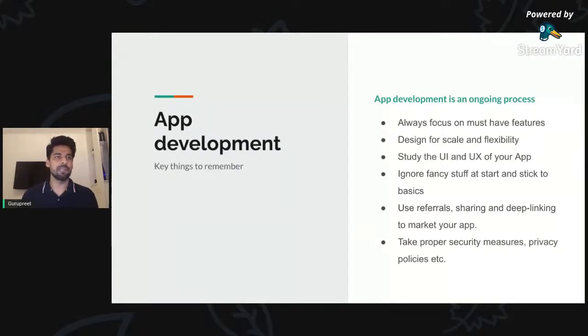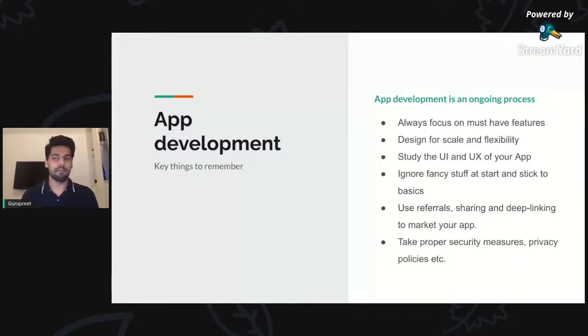But you definitely have to keep in mind the scale and the flexibility, in the sense that later on, if your app is growing in numbers, you have enough flexibility to move from the free version of an API to a paid version, or from a free cloud version to a different cloud version, and easily adapt to the new version without interrupting your user base. So keep the design and the scale in your mind before designing anything, even though you are not sure whether you're going to target 10,000 users or 100,000 or 1 million users. But it future-proofs you to have scale and flexibility in mind.